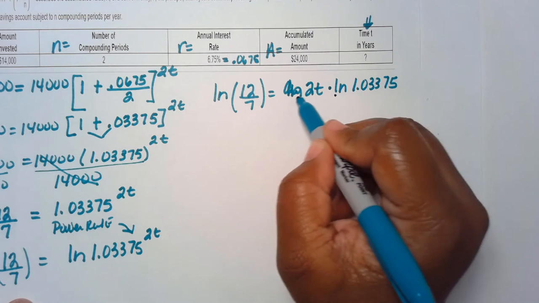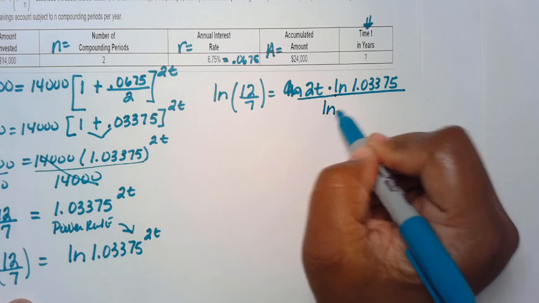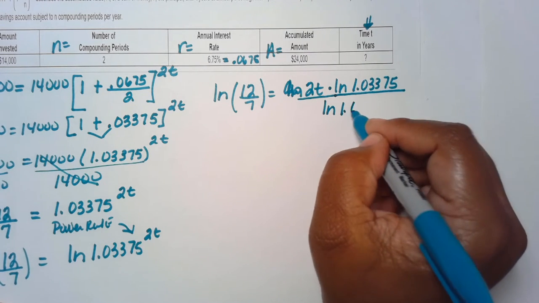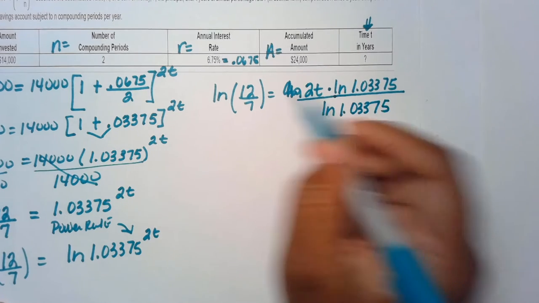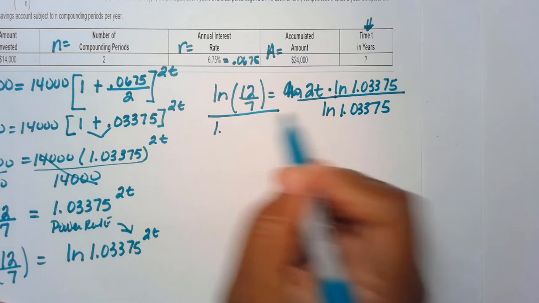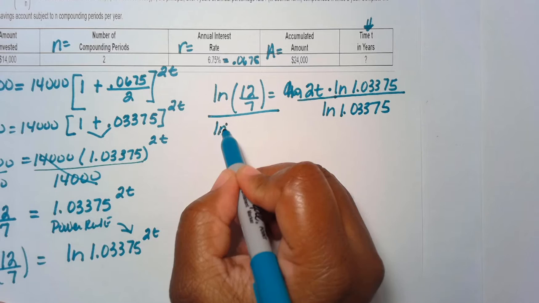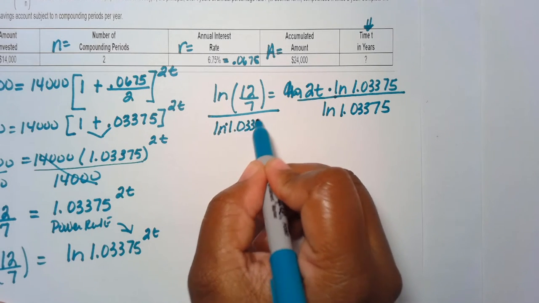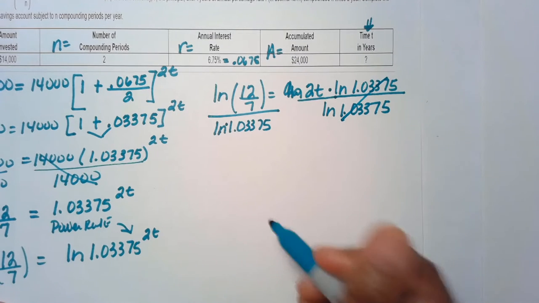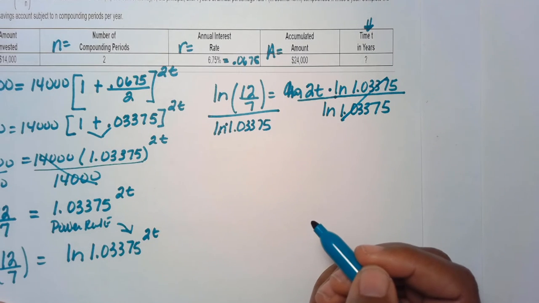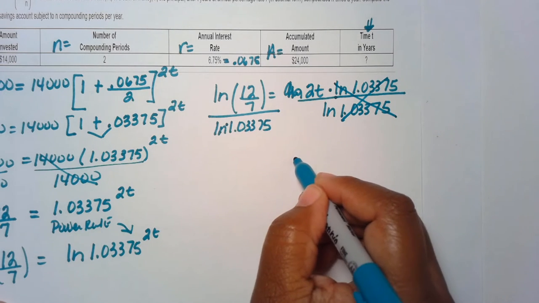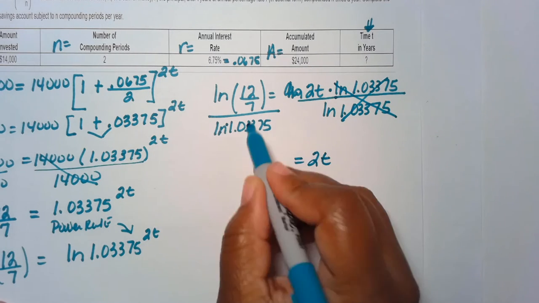We're going to divide both sides by ln of 1.03375. And I'm going to show you how to put this in your calculator. So now we have 2t equals this.